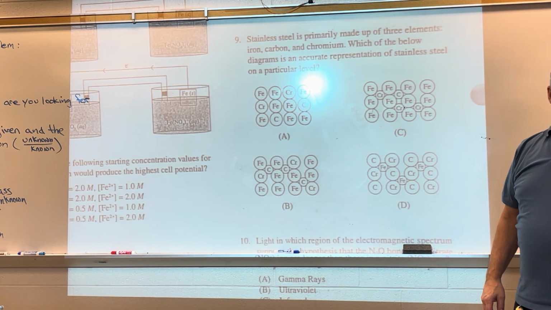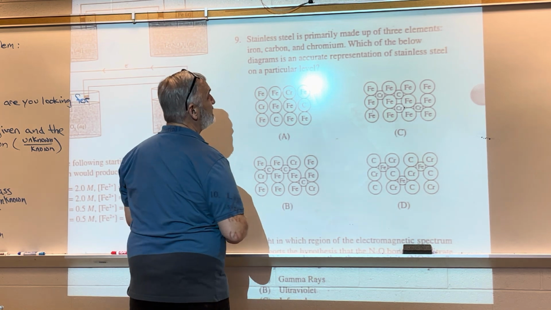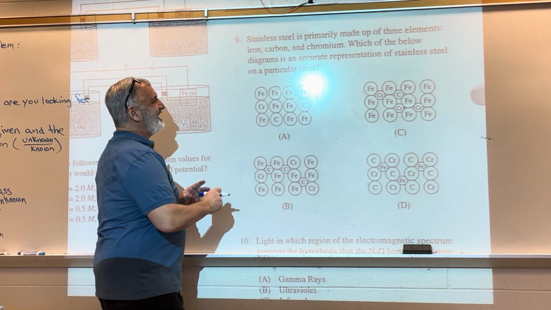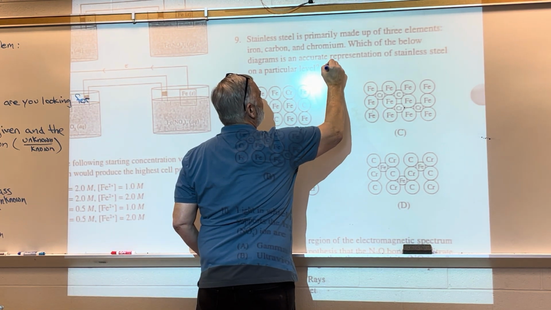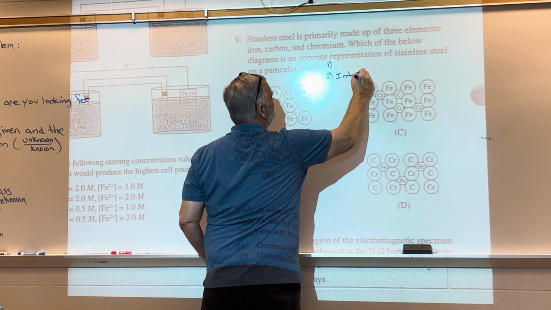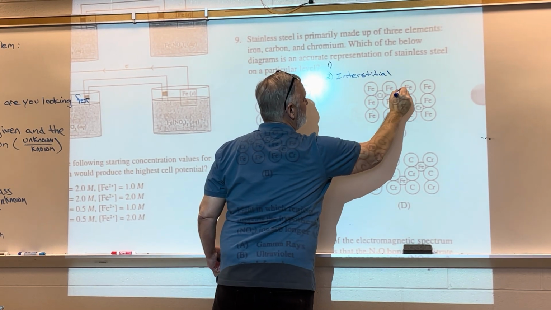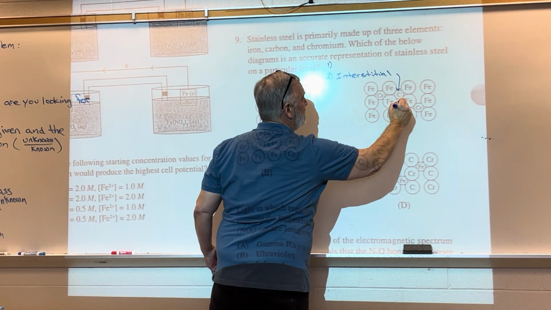There are two types of alloys. I said interstitial, that was one of them. Well, you're technically right because of the carbon. That's your carbon, and that's that one.